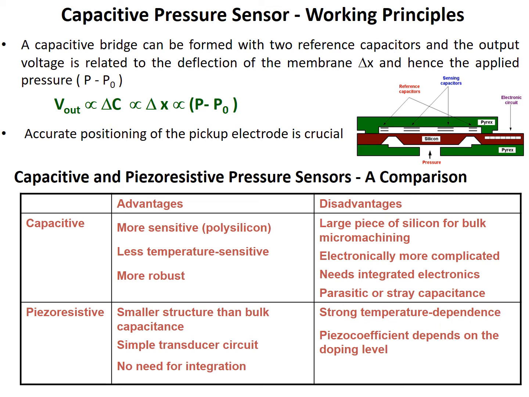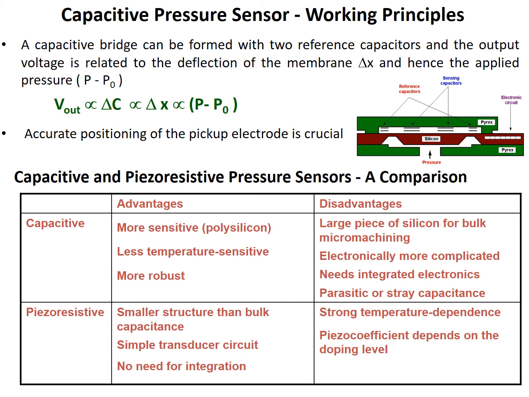Now if we look at the disadvantages, this is the major disadvantage of the piezo-resistive: it is highly temperature dependent, right? Because we know that resistance change not only depends on the strain, but temperature is a very important factor. Because of the temperature, the resistance will change. So you cannot identify whether the change is because of the applied pressure or the environmental temperature, right?